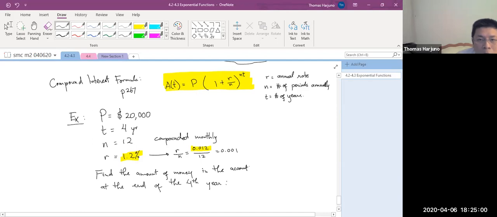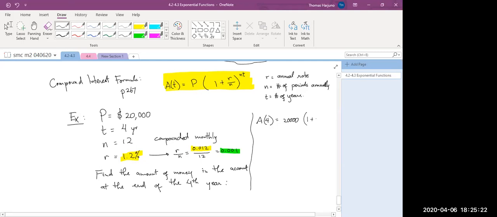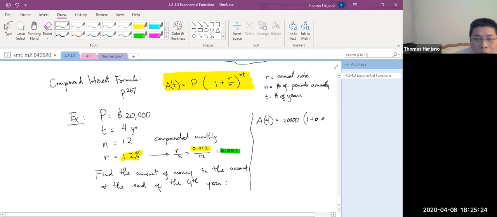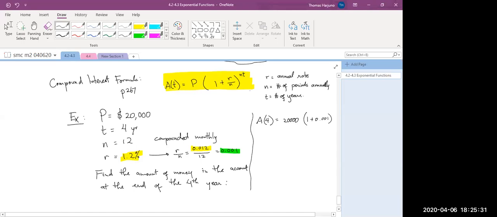Then the work will be A4 equals 20,000 times 1 plus, what is my periodical rate? 0.001, to the power of how many periods in total? 12. That's the number of periods in 1 year.